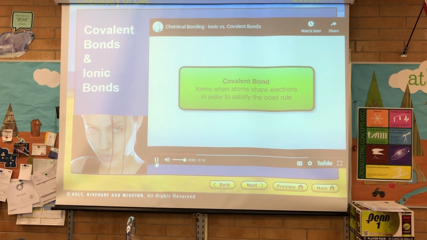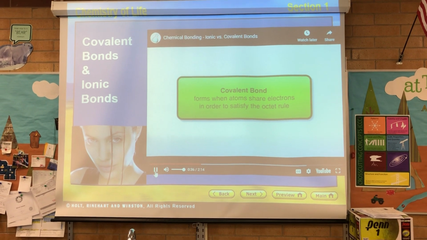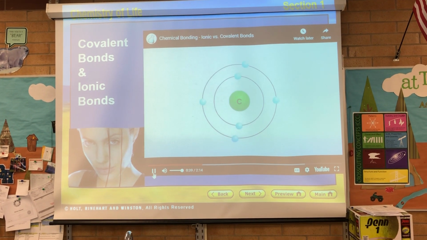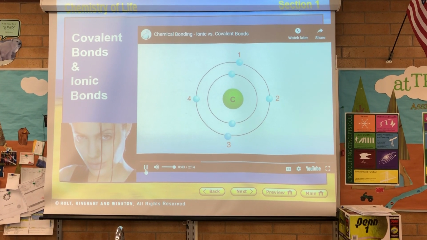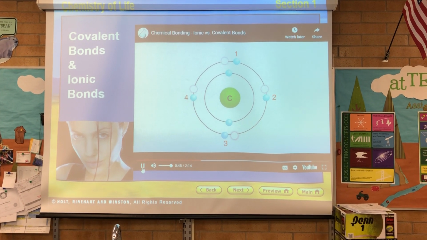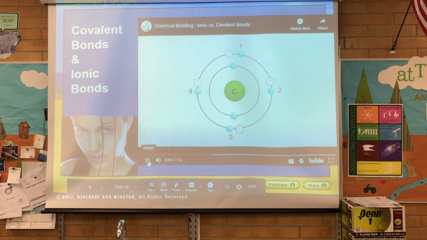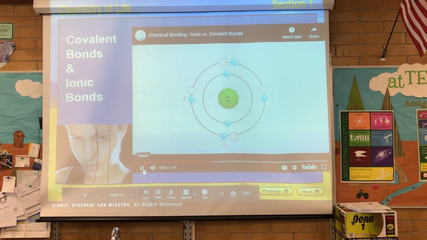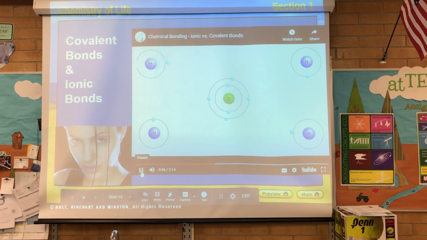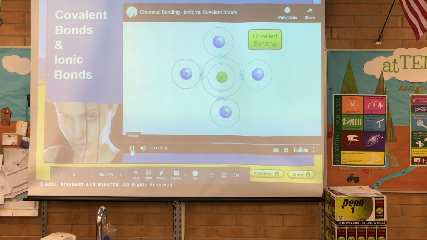A covalent bond is formed when atoms share electrons in order to satisfy the octet rule. For example, a carbon atom holds 4 electrons in its outer shell, but it would be much more stable with 8. To gain the additional 4 electrons, carbon can share with other atoms, and thereby have a completed outer shell. If one carbon and 4 hydrogen atoms come together and share their electrons, carbon achieves an octet of electrons.